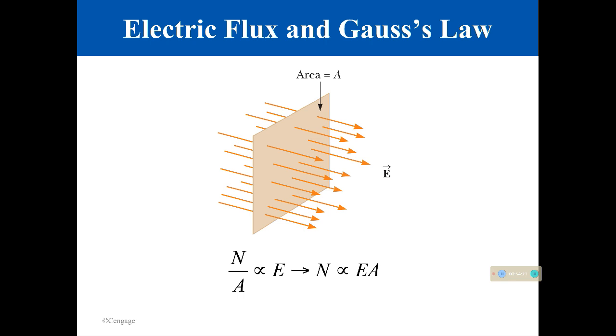Sort of. So think about it like this. Electric field is proportional to how many lines per unit area. So I said a second ago that for a gravitational field, we'll represent it as 1 line per 1 square, right?